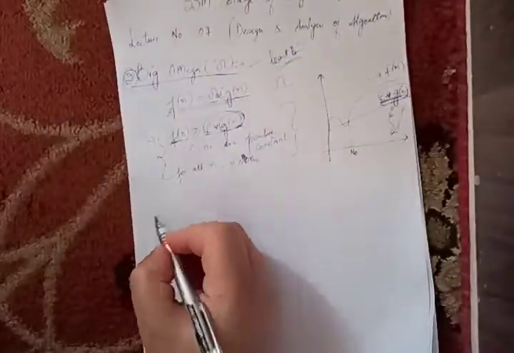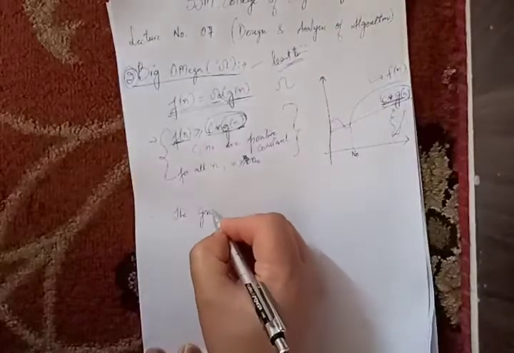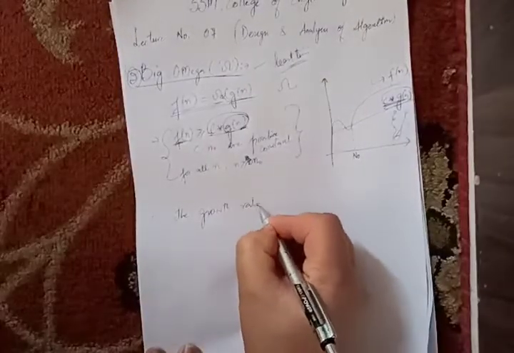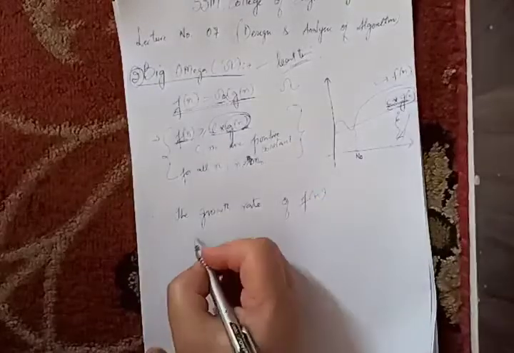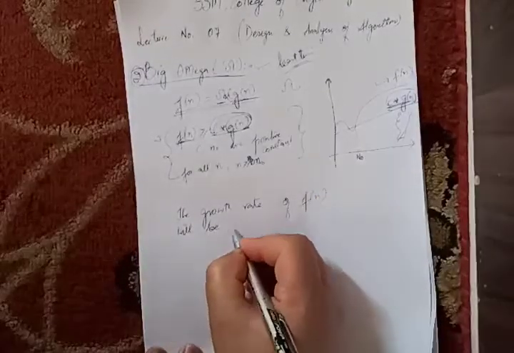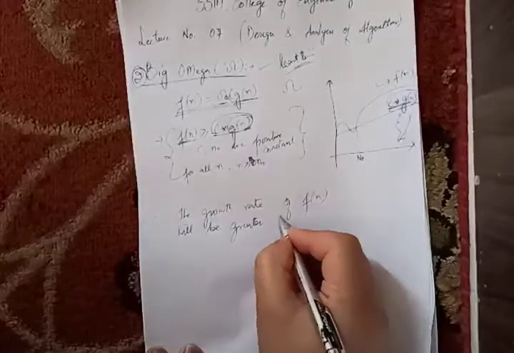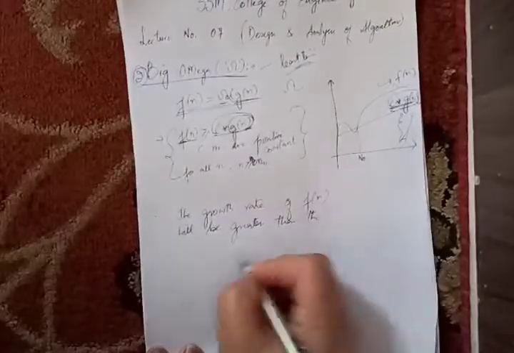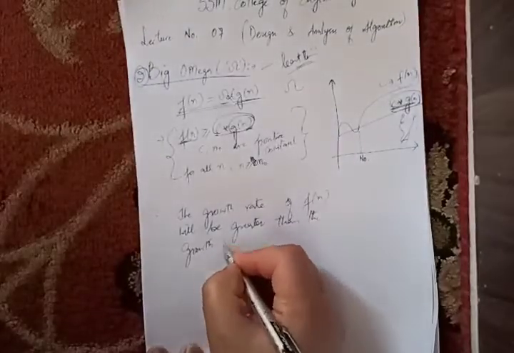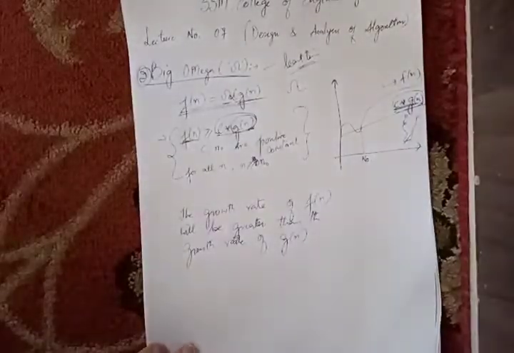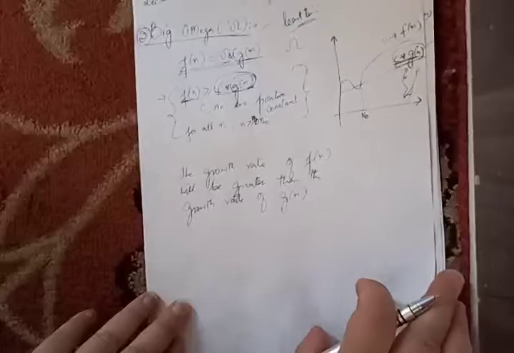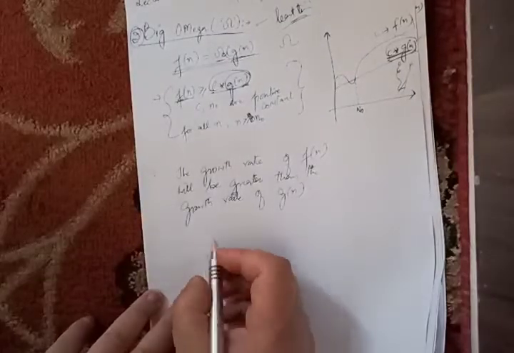So we can also say the growth rate of f of n will always be greater than the growth rate of g of n. Okay, if you understood the last lecture, this is easy to understand.